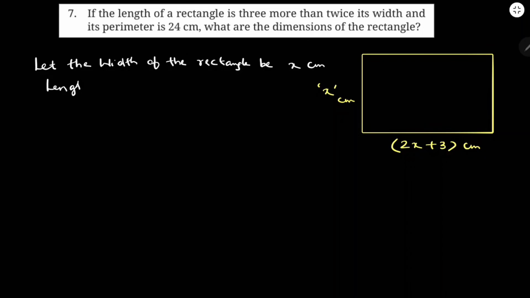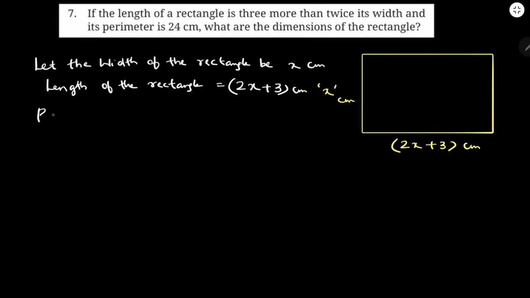Then they told very clearly length is 3 more than twice its width. So length of the rectangle will be 3 more than twice its width, so 2x plus 3 centimeters.